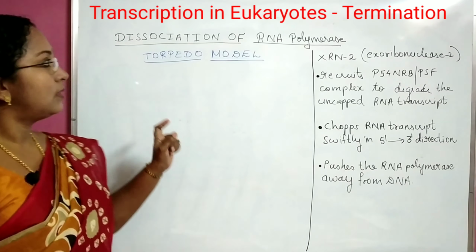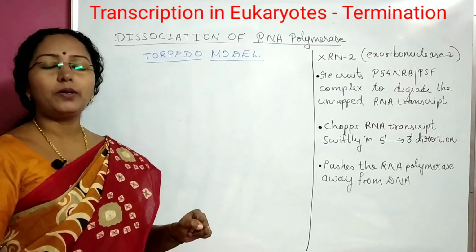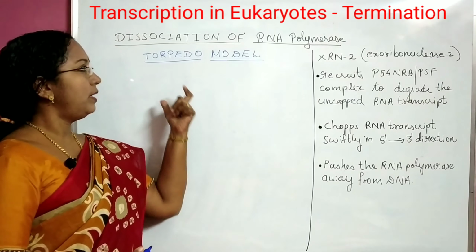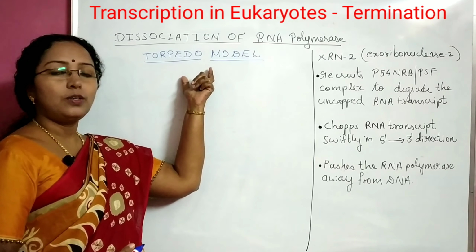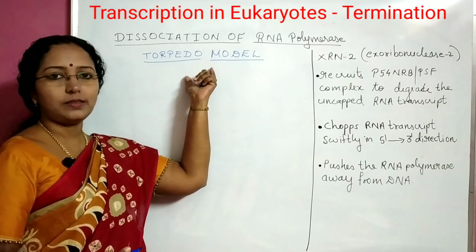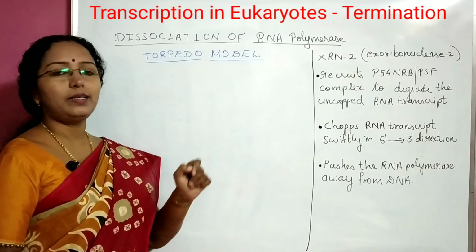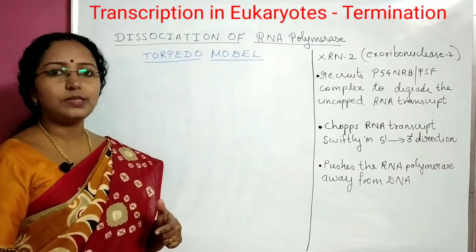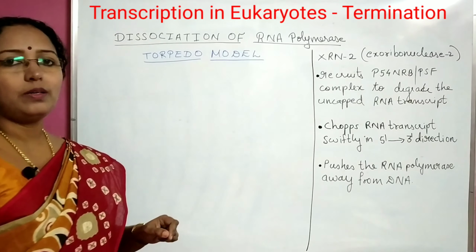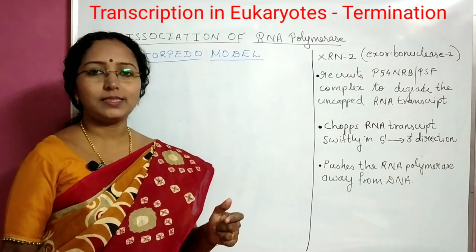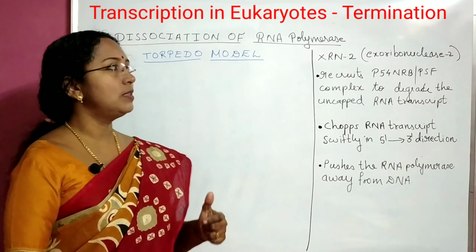So this dissociation of RNA polymerase is well explained with the help of the Torpedo model of termination. There are many theories for dissociation of RNA polymerase, how it is getting dissociated, but this particular model well explains it and it is widely accepted too. So let's focus on this one.